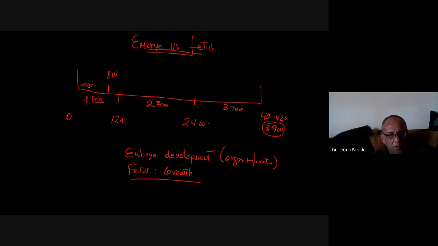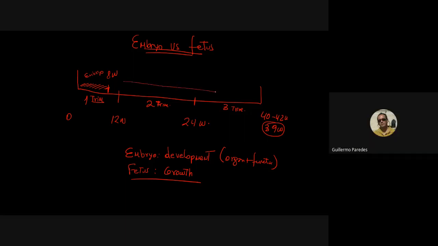So this time is called embryo. Beyond 8 weeks is going to be fetus. What is fetus? After they form all the organs and all the functions, the fetus starts to grow in size.